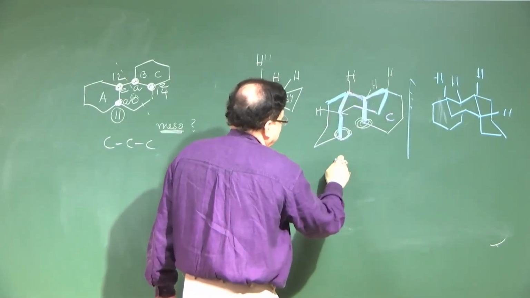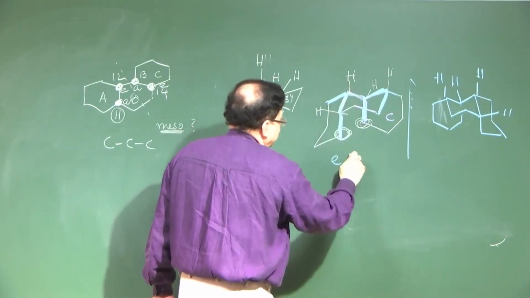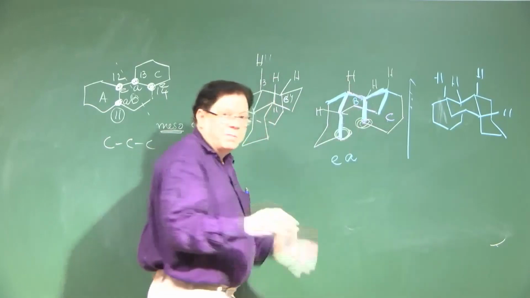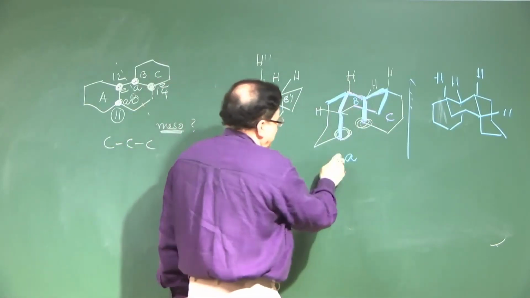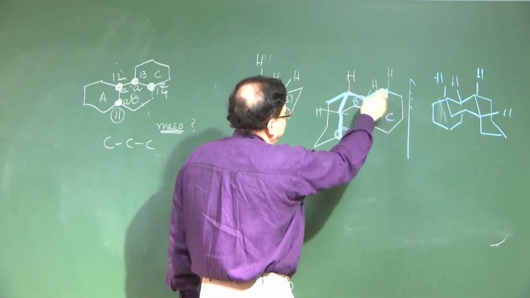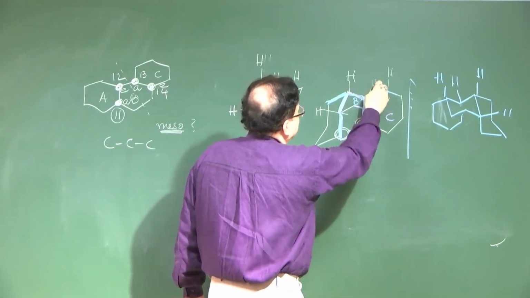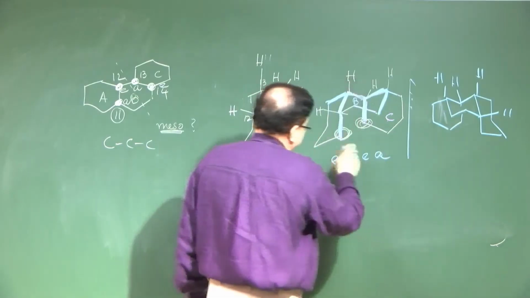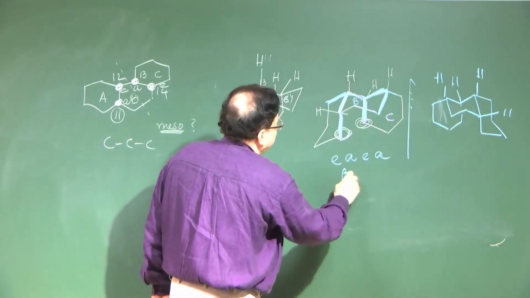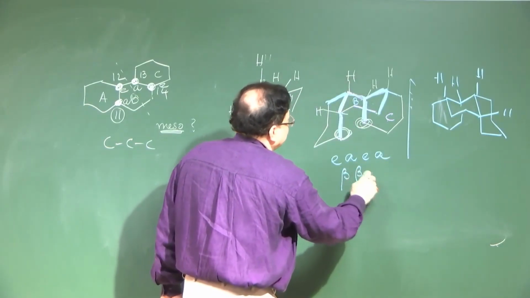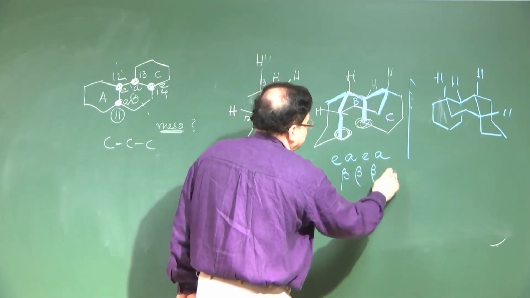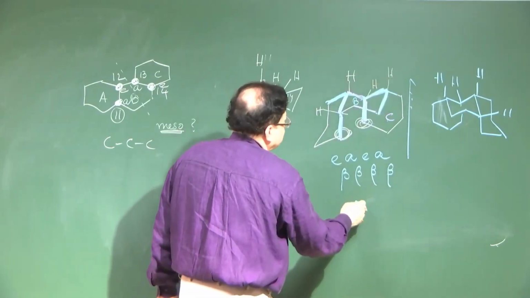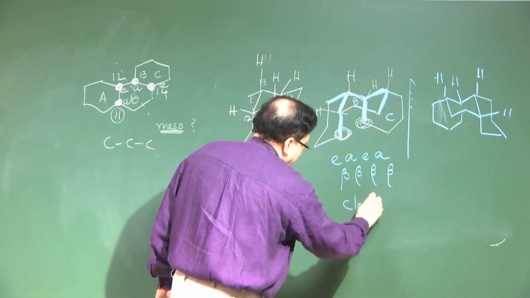Okay. So, that will be equatorial, then axial, then remember all this relationship with respect to the B ring, okay, equatorial, axial, and then equatorial and axial, and we complete this, and then beta, and then beta, and then beta, and the relationship is the direction is clockwise.